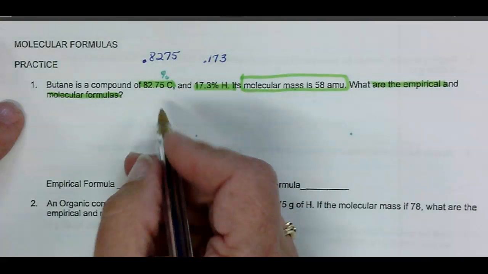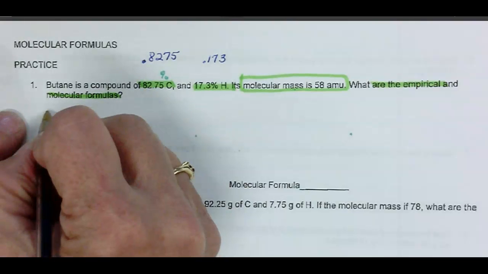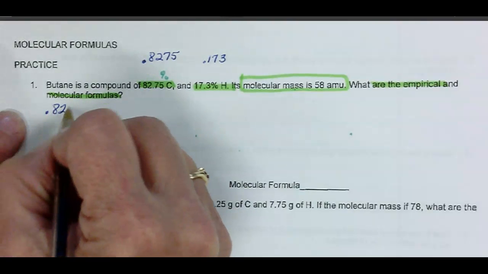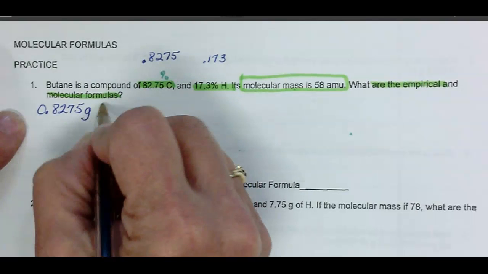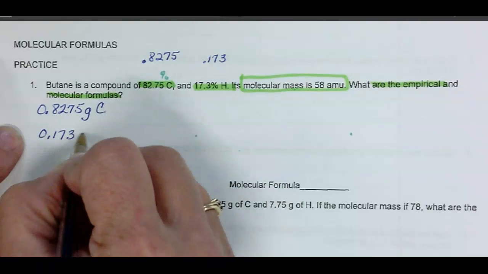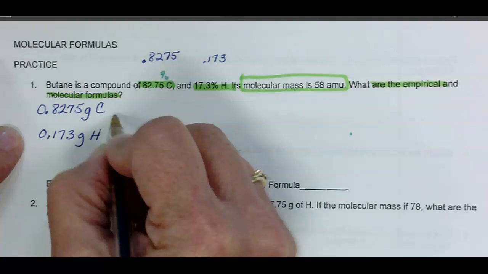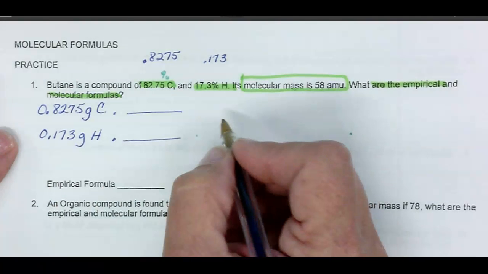I'm going to go ahead and do it as I had mentioned earlier, which is just changing it to a decimal. So 0.8275 grams of carbon, and then 0.173 grams of hydrogen. So of course, we're going to go ahead and follow our same steps that we did before.